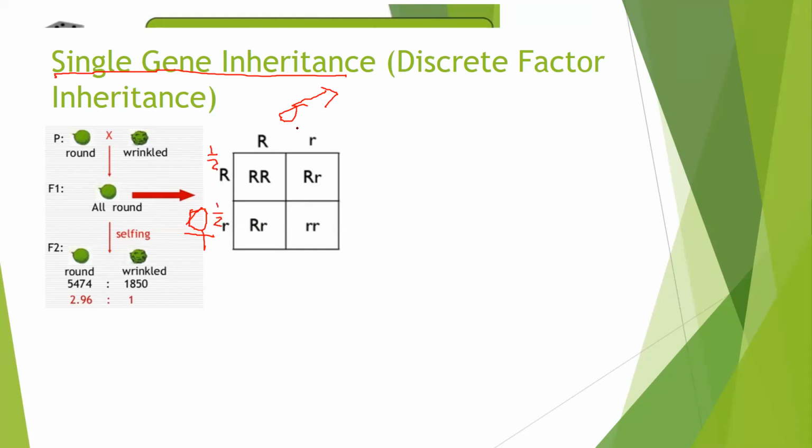And the same for the male parent. So you toss a coin the second time. Two possible outcomes or two possible alleles here, and they also have the same probability. Then you can use the statistical rule, the multiplication rule, to help you calculate the probabilities.